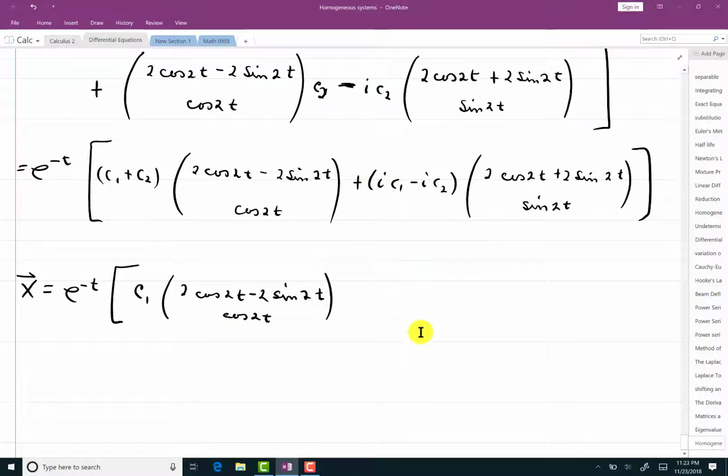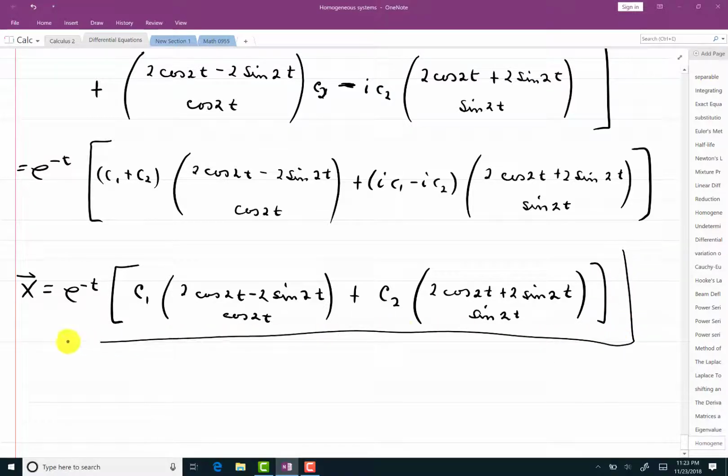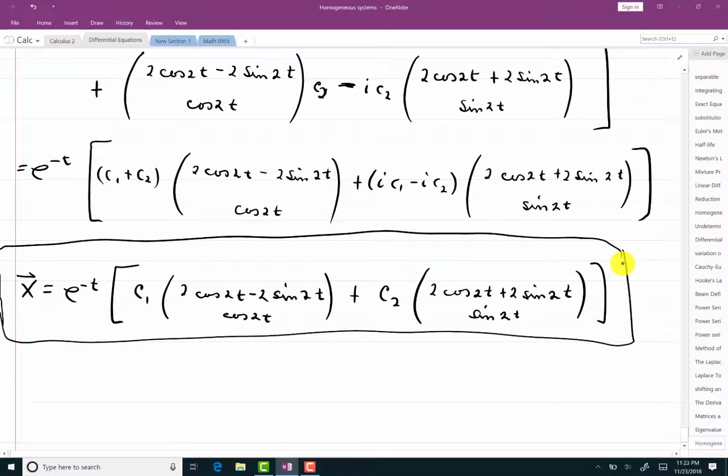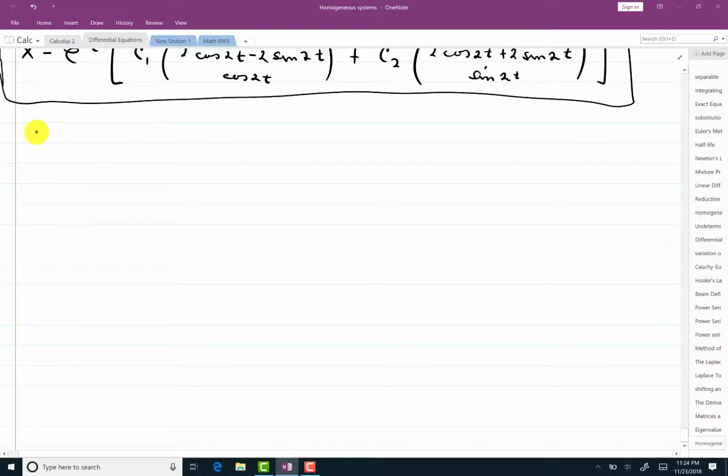And I'll call this a big fat C2. And there we have it. Similar, but not exact, to what we had when we were doing the one variable case. This leads me to complex eigenvalues.